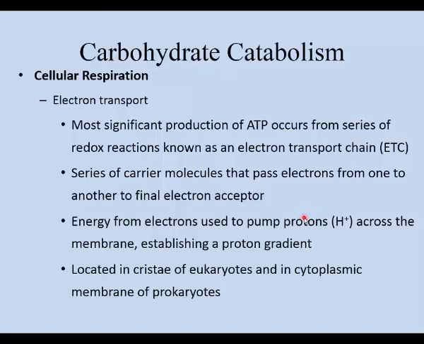And so energy from this passing of electrons is basically moving the electrons through, and then as it moves along, it's able to pump protons across a membrane a lot of times, producing a proton gradient. And this is usually in our eukaryote versions of producing this kind of energy.